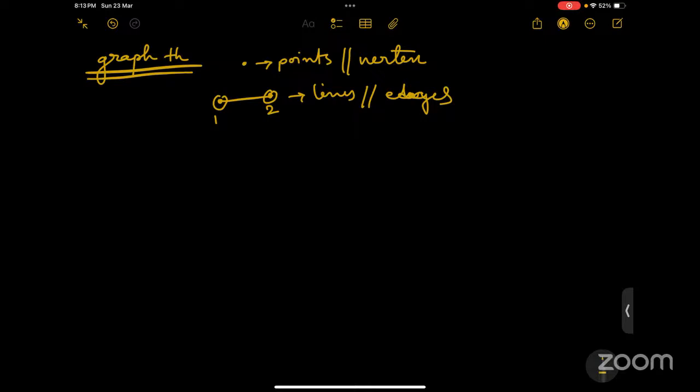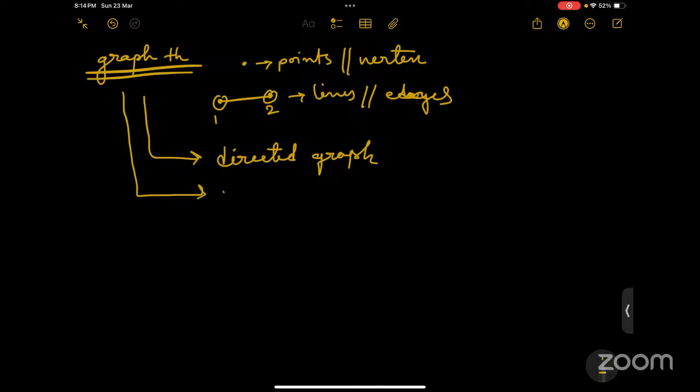We will define some definitions and concepts based on these two things. Now we have two types of graph. One is directed graph, and the second one is undirected graph, right?